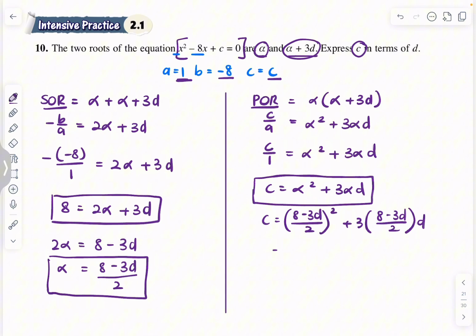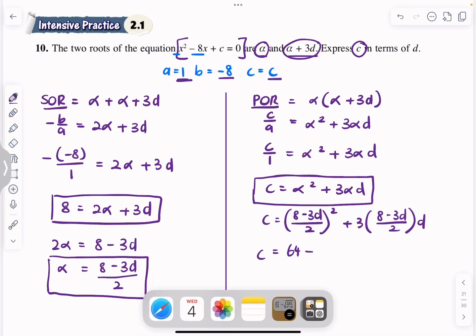Okay, then we try to expand this. Wow, this one is quite an expansion. So this whole thing squared, you get 3 different terms. The first one is 8 square, which is 64. Second one will be 2 times 8 times negative 3d.